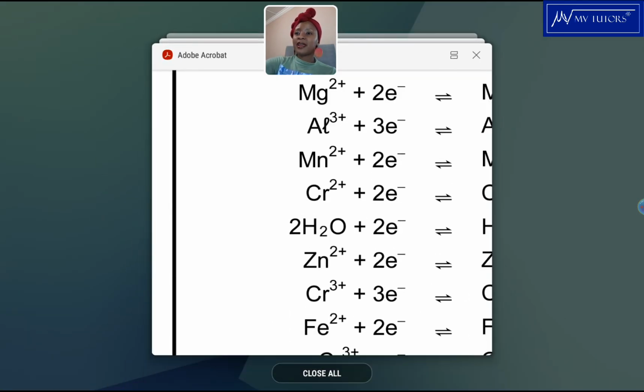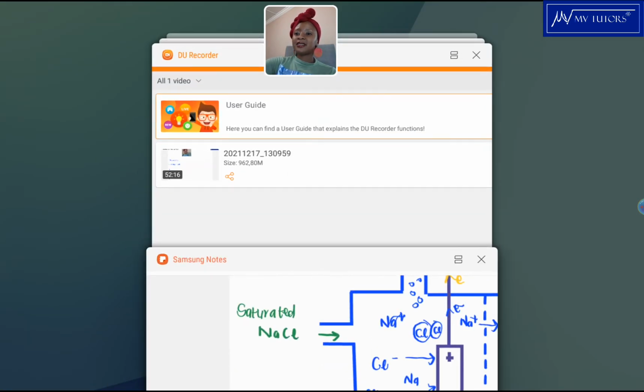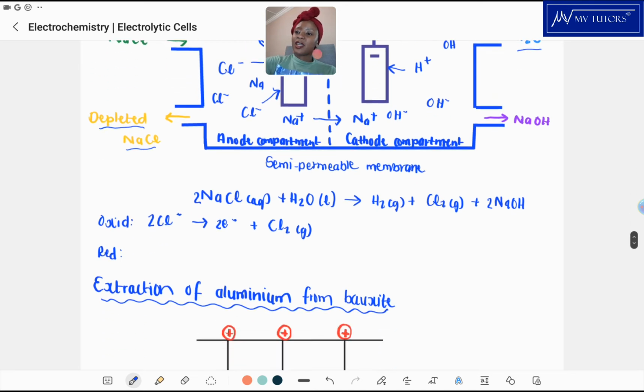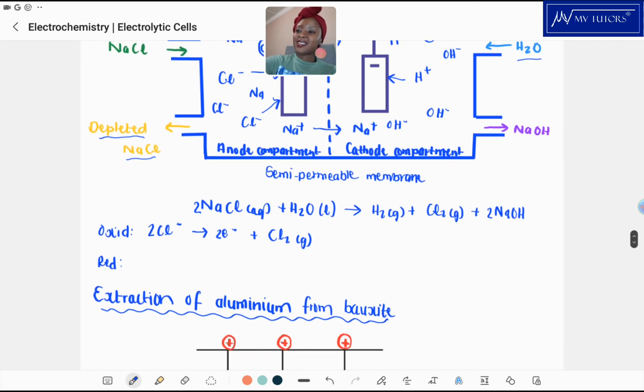Okay, so you had water, and remember, because on the cathode side we write the half reaction as we find it on the table, don't try anything else. So we have water, okay, and we had those electrons, and the products that we had were hydrogen gas, okay, as well as hydroxide ions.